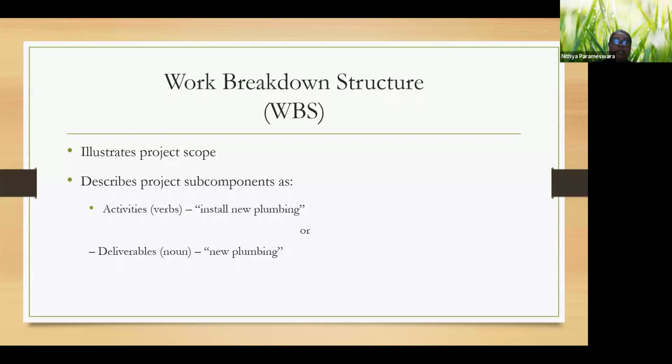For example, we can say install new plumbing. This is something that we do, based on verbs. Or we can also describe it based on the deliverables, which means we use a noun. We can say new plumbing. So there are two ways that we can describe the subcomponents inside the work breakdown structure.